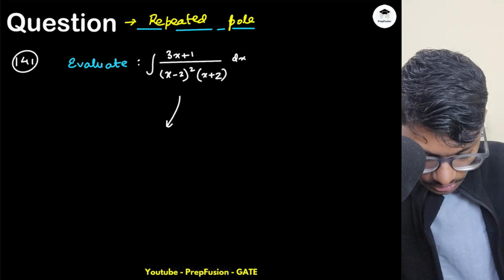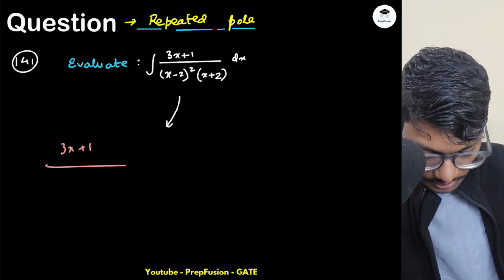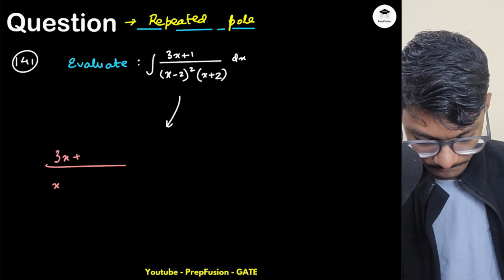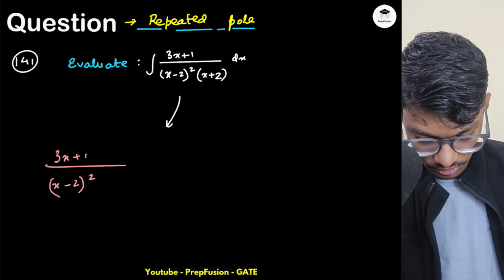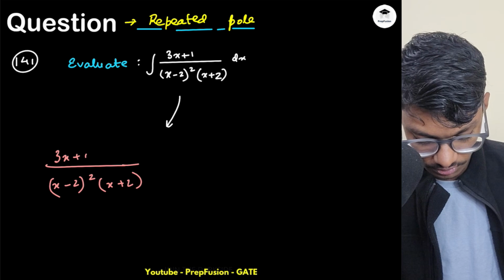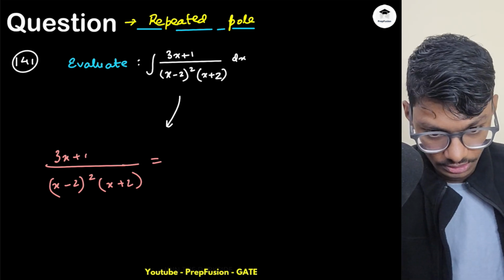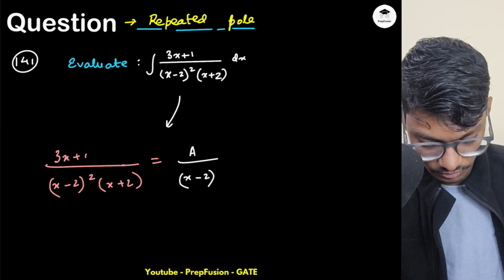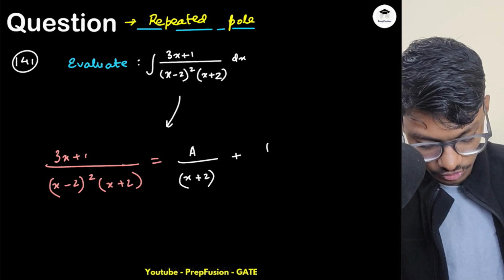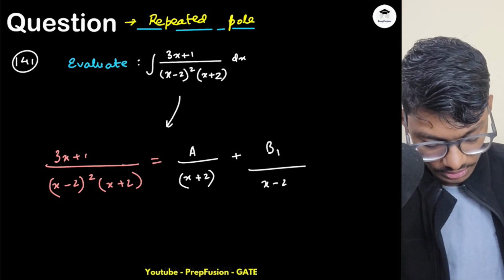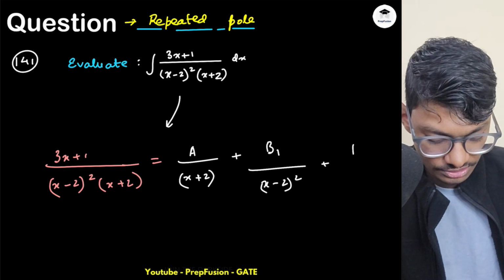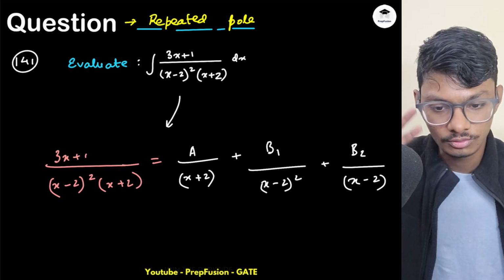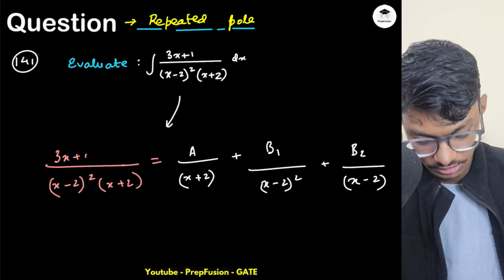You can write this down: 3x plus 1 divided by x minus 2 whole square x plus 2 equals simply a by x plus 2, then you choose your coefficient b1, which is x minus 2 whole square, then you choose another coefficient b2, and this power will be x minus 2. So you try to go from the highest power to lowest power, cover all the powers.